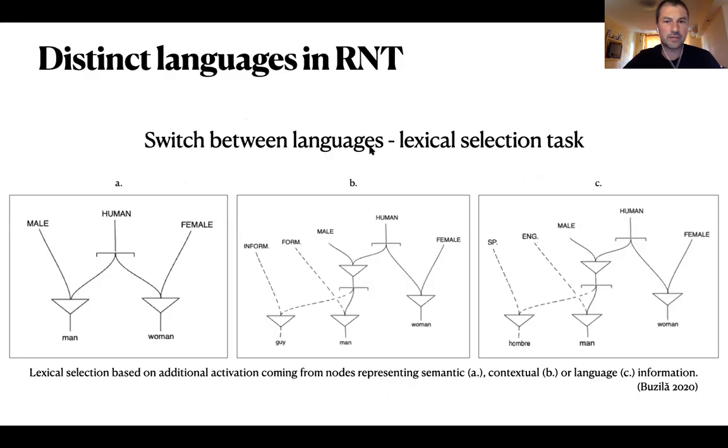Normally, the switch between languages is posited as a lexical selection task. So let's see how this kind of task would be represented in a network notation. For example, in figure A, we would represent the selection between the two lexemes man and woman as being performed based on additional activation coming from conceptual nodes.